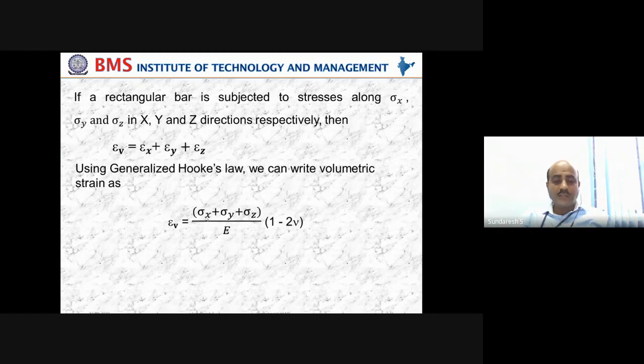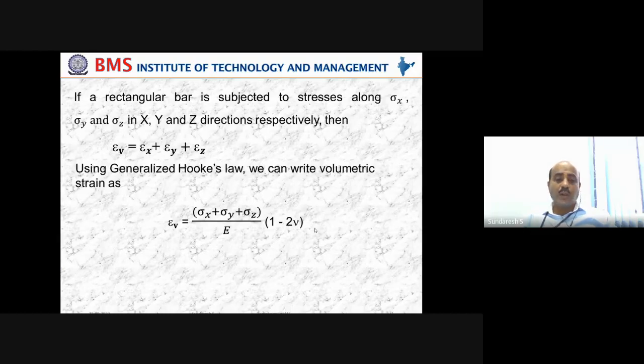As already shown in the diagram, the cube is subjected to stresses in all three directions whose magnitude is equal to sigma. So substituting sigma x, sigma y and sigma z as sigma, the numerator becomes 3 sigma, giving 3 sigma divided by E, into (1 minus 2 nu).